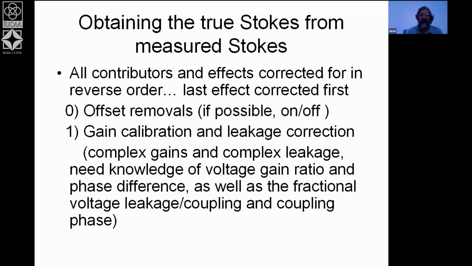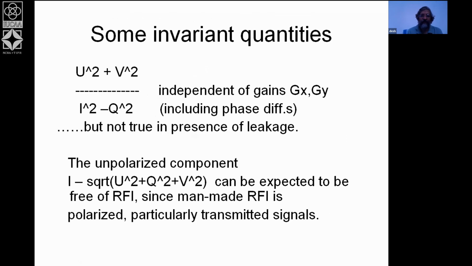These are basically 4 entities you need to decide at each frequency: 2 numbers for complex gain differences, which can be the ratio of the gains, and the complex leakage defining how much of one leaks into the other. But there are some invariant quantities which you can identify, which are independent of the gains being different or even changing. But that's not true in the presence of leakages.